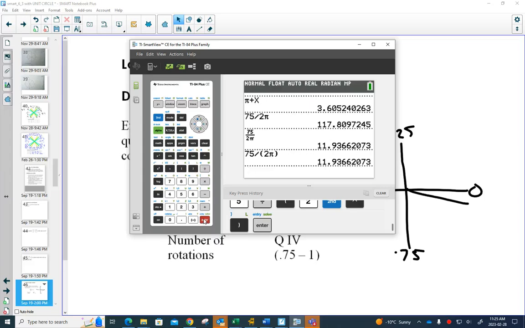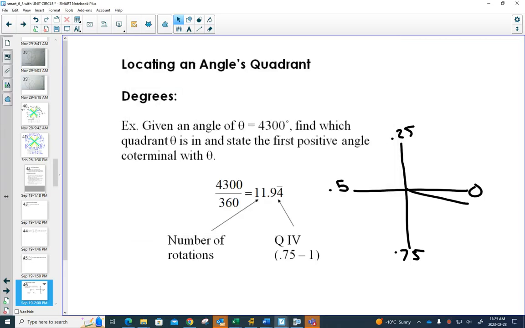So 75 radians. Wow. Okay, sorry. I'm amazed that 75 radians is almost equivalent to 4,300 degrees. That is just pure chance.